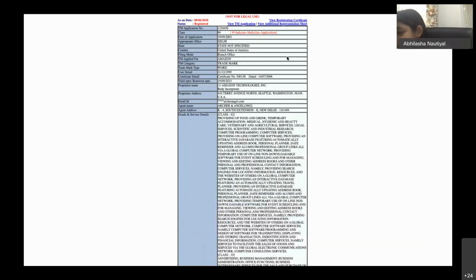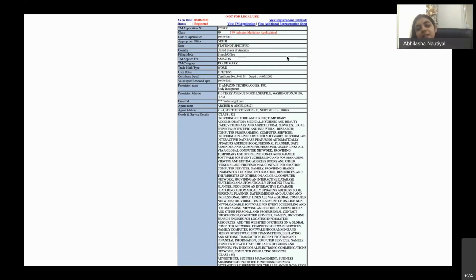And I'll just give you an example of what a trademark application looks like. And I said that you could apply for certain goods, not for all goods. So if you can see my screen, the first row in the left column is trademark application number, and the second one is class.